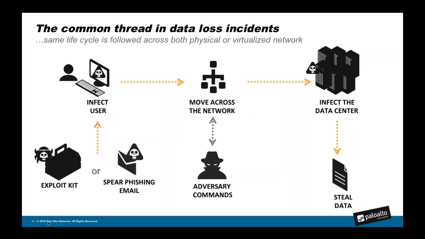It could be sophisticated exploit kits which are getting installed into your network. It could be drive-by malware, which is also being used in a targeted fashion against employees within your organization. So in general, this pattern gets repeated, albeit with a different set of tools being leveraged at each and every phase.